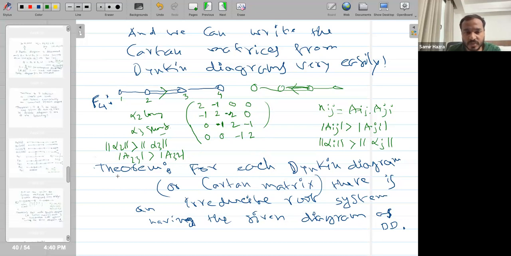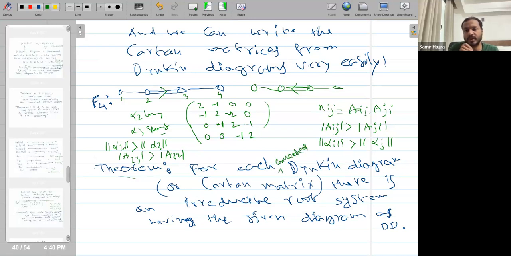This theorem, again without proof, shows that, yes, if you give any Dynkin diagram or equivalently Cartan matrix, because now we know that they're equivalent, there is an irreducible root system having the diagram. For an irreducible root system, we want the Dynkin diagram to be connected. Otherwise, it will not be possible.